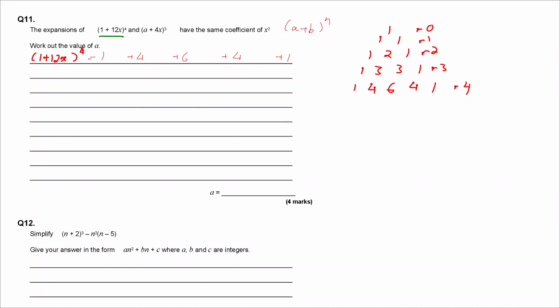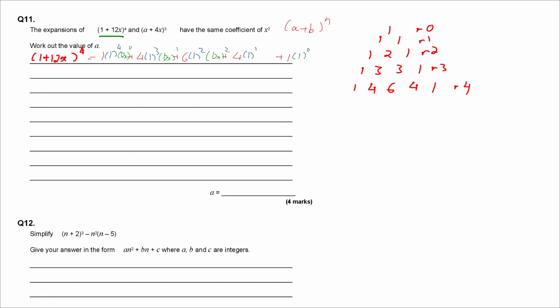So A for us is 1, and I'm going to put 1 in here. You begin with the biggest power of 4, and you keep reducing it by 1 every time: 4, 3, 2, 1, and then 0. And then the B part for us is 12x. So in here, I'm going to write 12x, and it begins at 0, and then you go up by 1 each time.